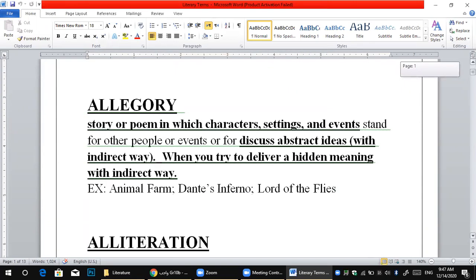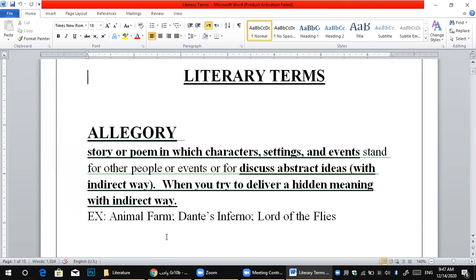We have discussed before about allegory. Allegory is a story or a poem that tries to send a meaning in an indirect way.